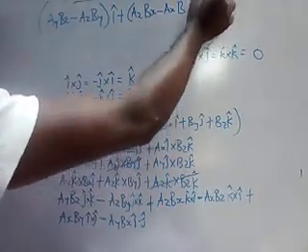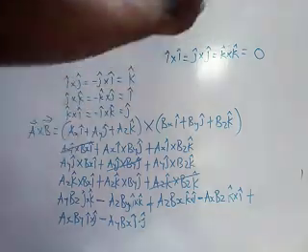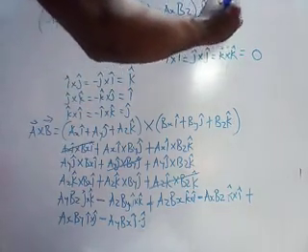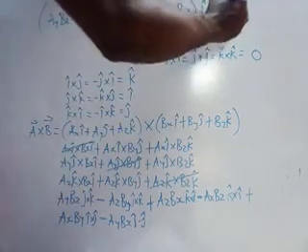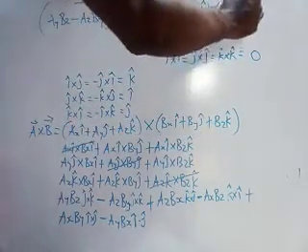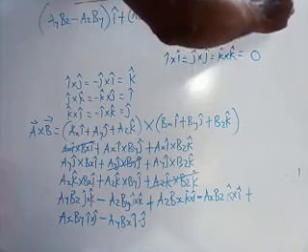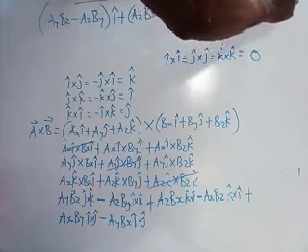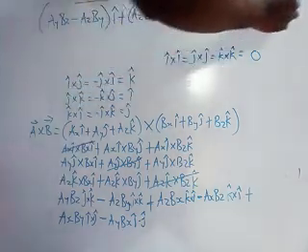We need vector J. The next is AX BY minus AY BX. IJ same as what?